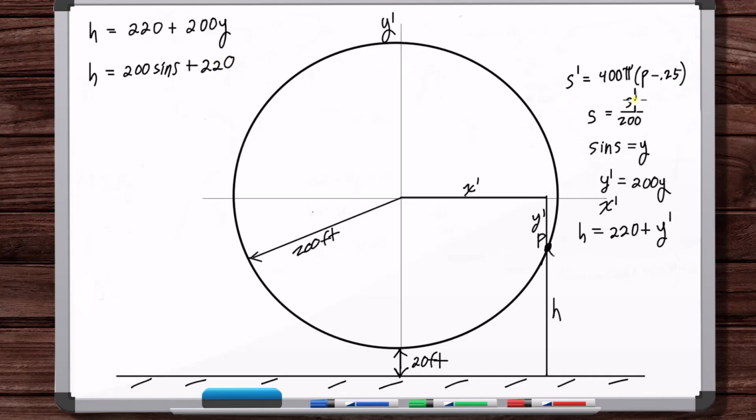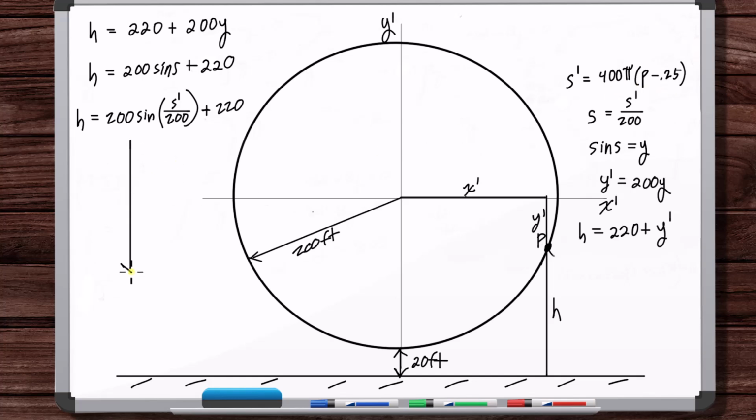But s is s prime over 200, so h is 200 sine of s prime over 200 plus 220. Okay, but s prime is this here.